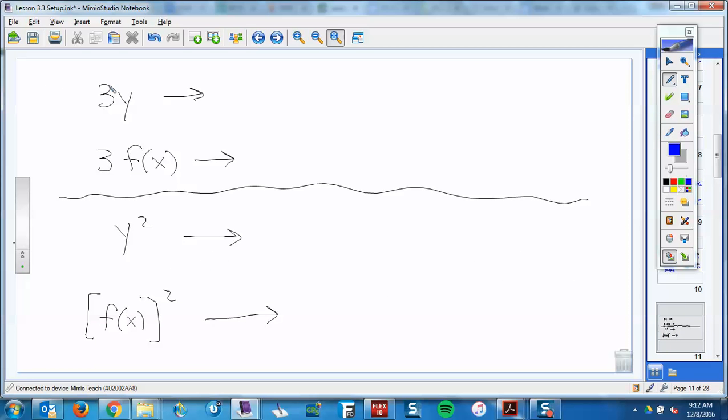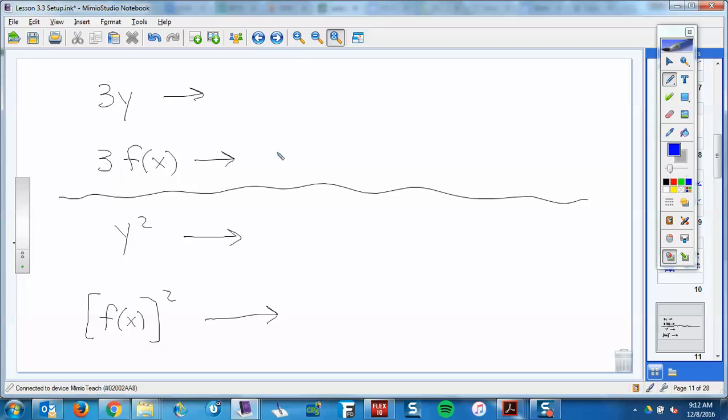So this is what I've got. Let's pretend instead of y, it was f of x. This is a little bit like your homework the last couple of days. You don't need to write this part. It's up to you, you sure can, in case you ever come back and look at it. I'm just trying to show you this to get you to understand. So 3y, let's pretend that said 3f of x, and I told you to do the derivative of it.